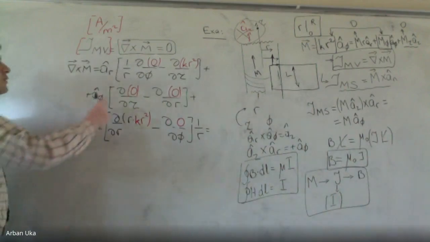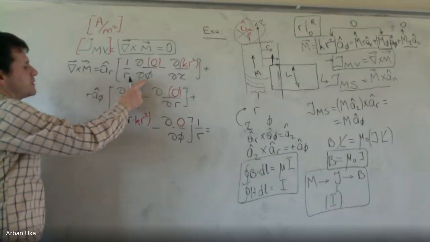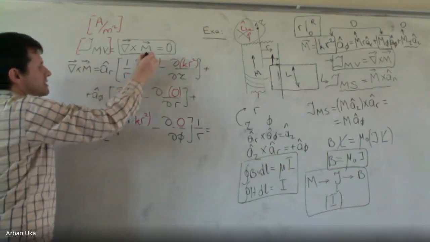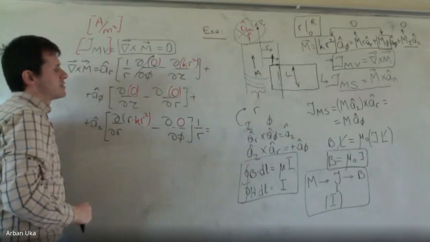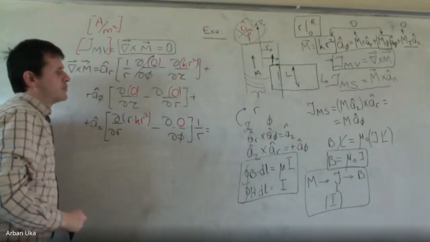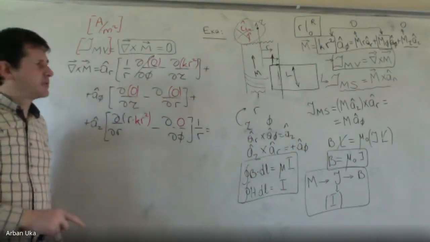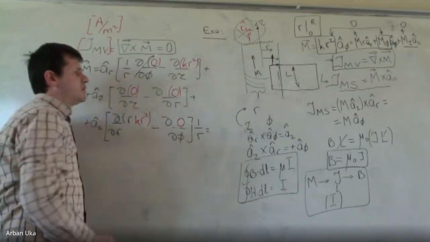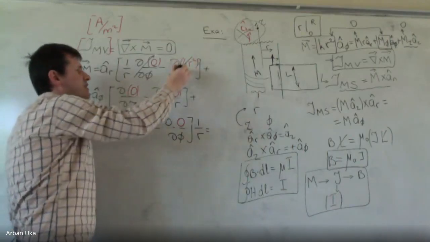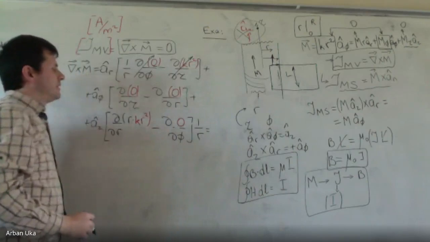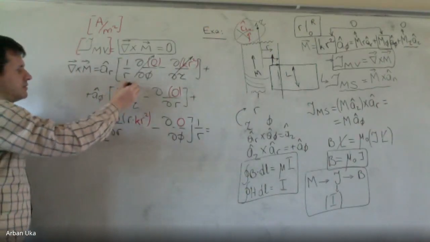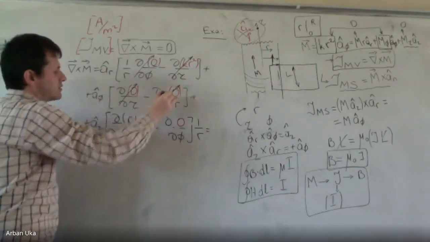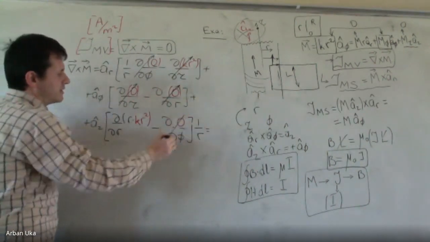Here we have the derivative of the zero with respect to phi. This is 0. What is the derivative of K R squared with respect to z? We do not have an explicit relationship of this term with respect to z, so this is also 0. And here we have the derivative of zeros. They are constants, and they are also 0.